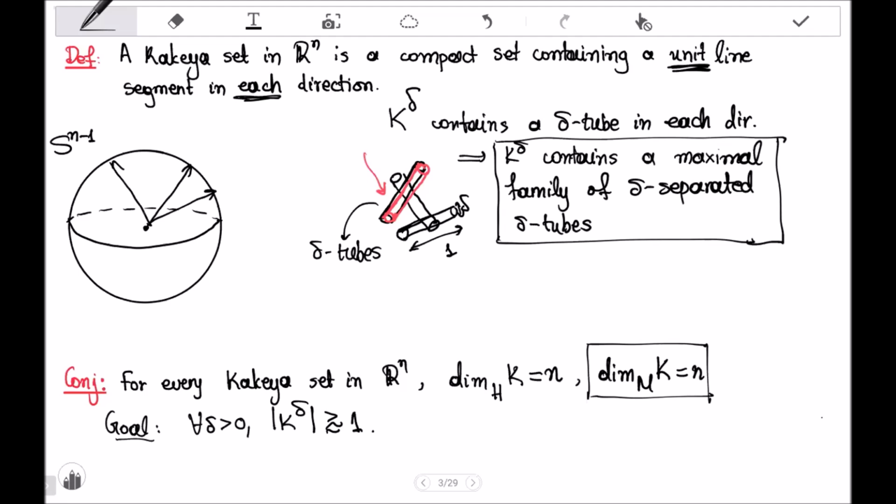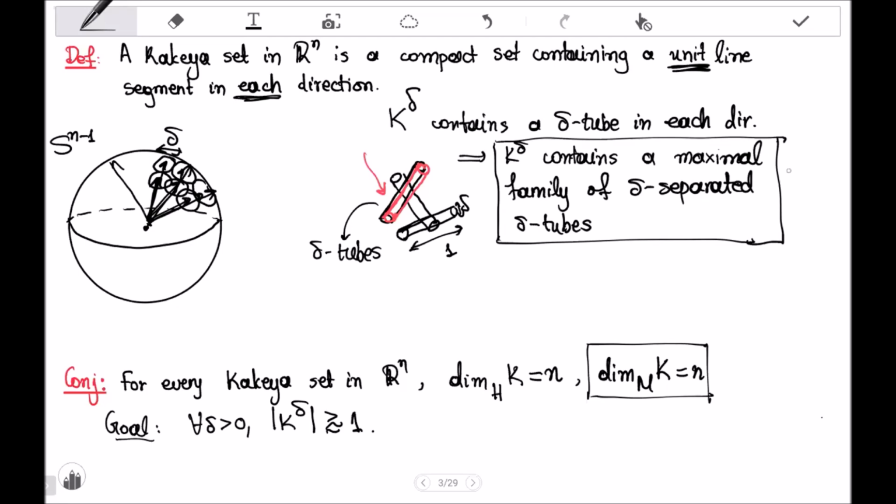And to find the delta separated directions, I'm just going to take a cover of the sphere by finitely overlapping delta caps. And for every one of them, I get at its center a different direction. So this is how many cubes I expect will be useful to me: as many as the delta separated directions.